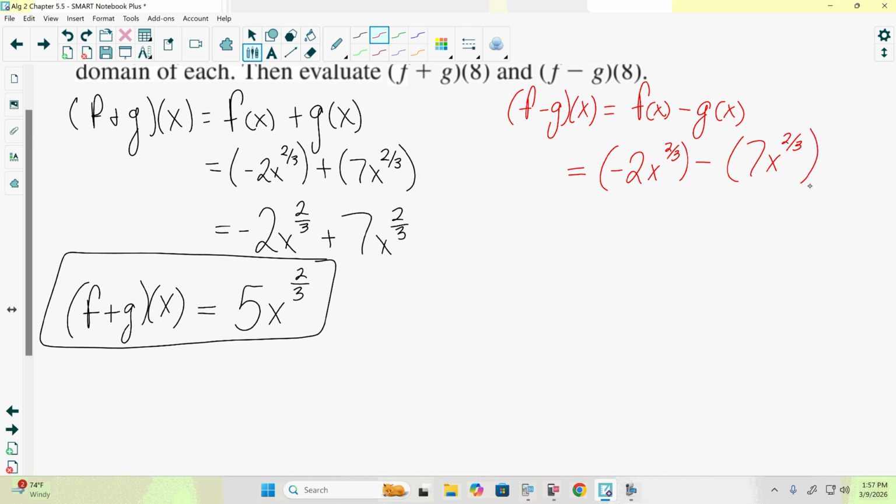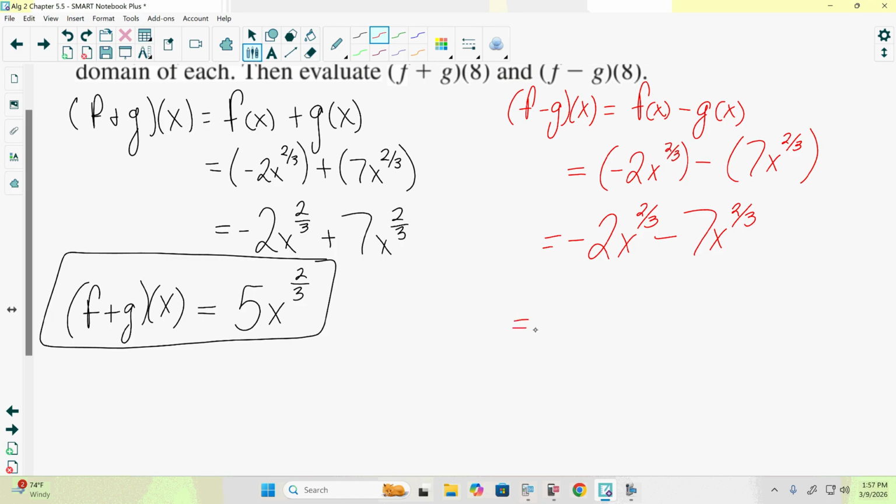So for our difference, f of x minus g of x, we plug in f of x as negative 2x to the 2/3. G of x is 7x to the 2/3. And when we simplify our parentheses, we get negative 2x to the 2/3 minus 7x to the 2/3.